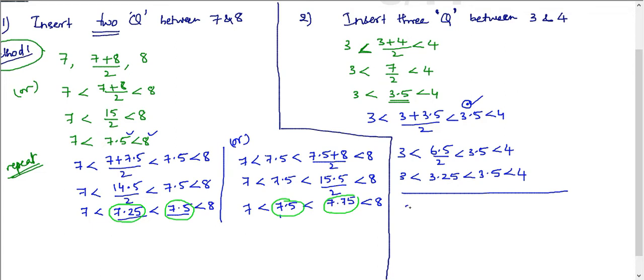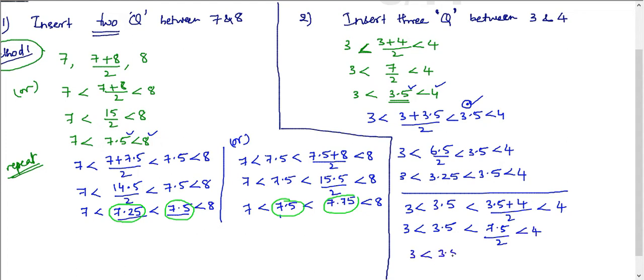So let us see another way of not picking 3 and 3.5. We'll pick 3.5 and 4. Okay, so we'll write 3 less than 3.5 less than 3.5 plus 4 divided by 2 less than 4. 3.5 less than 7.5 by 2 less than 4.